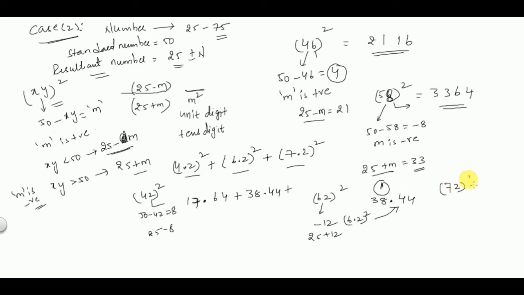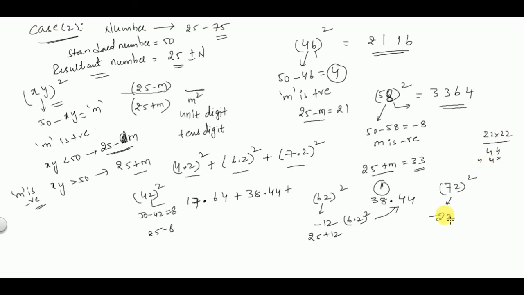We need 72 whole square. If you subtract it from 50, you'll get minus 22. So minus 22, m is negative, so m square is 22 whole square, which we need to find. 22 into 22, 44, 484, right?